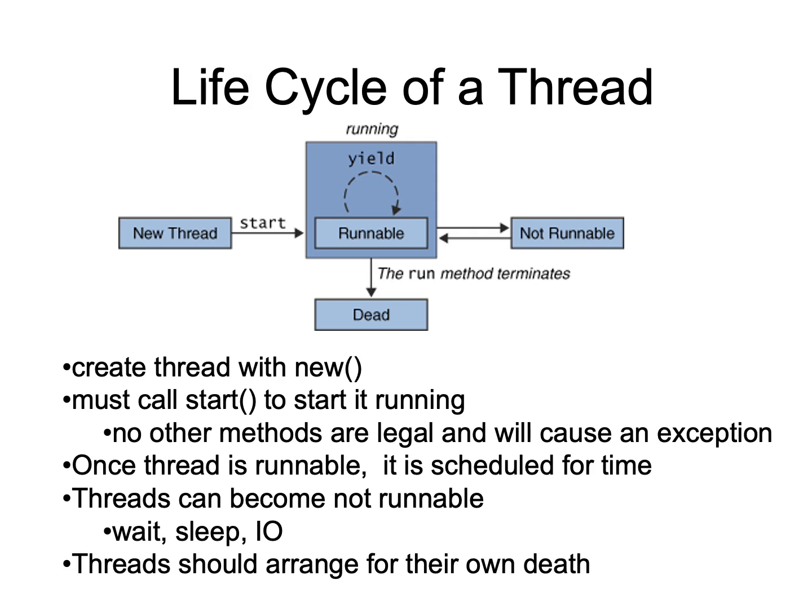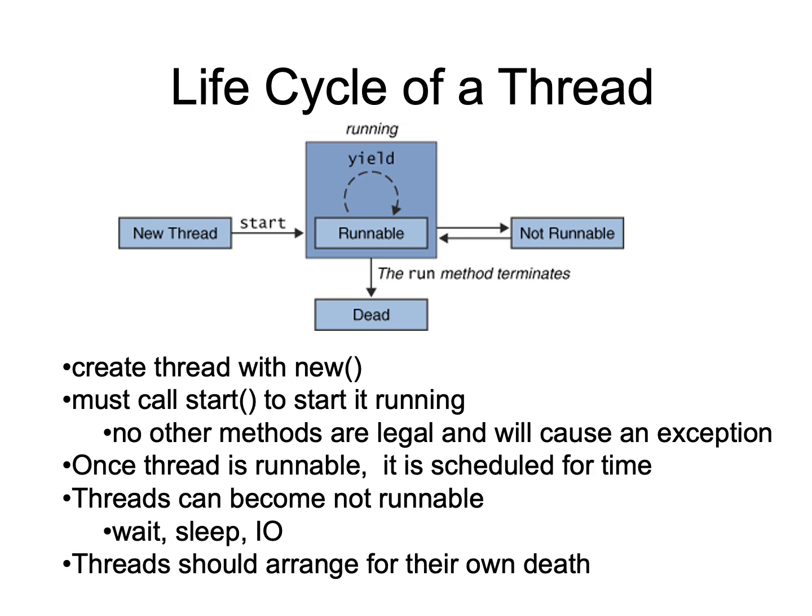Threads can also become not runnable, in which case they're waiting for something. They're blocked, and they can't be allocated running resources because they're not ready to run. They can return from the not runnable state back to runnable, and when the thread is terminated, the thread is dead. So those are the four states of a thread.